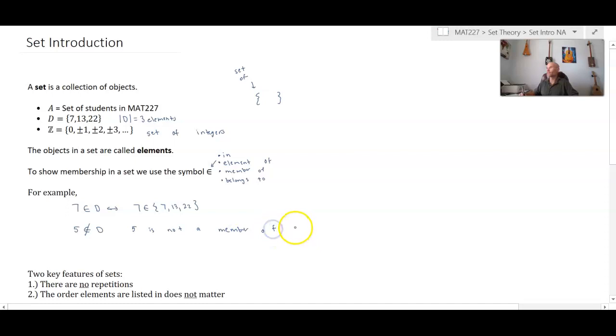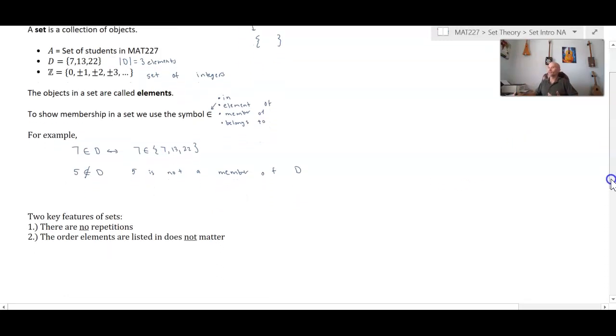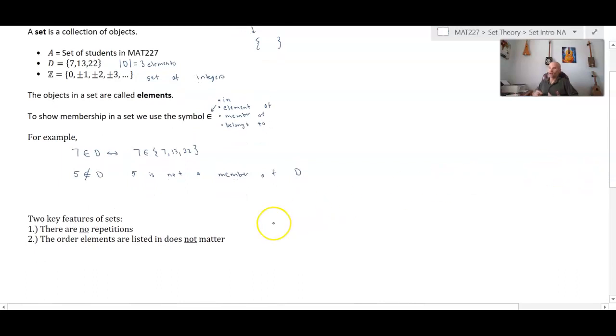Sets we've just described as a collection of objects. There are two key features of a set. First of all, unlike a list that you might encounter in a programming language, there are no repetitions in that set. So repetitions are just unnecessary. And also, the order the elements are listed in does not matter.